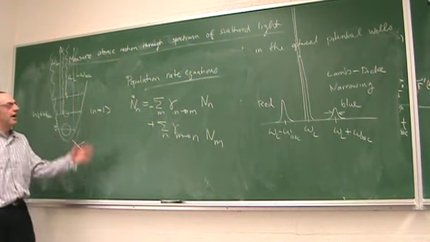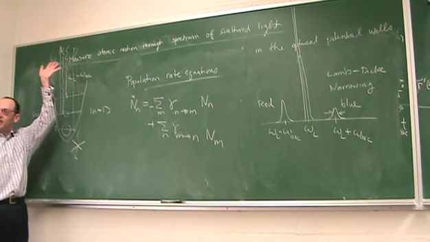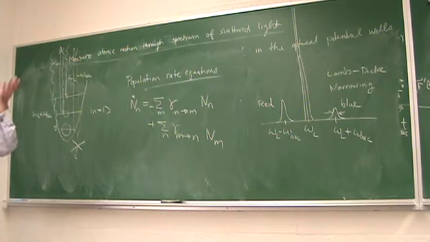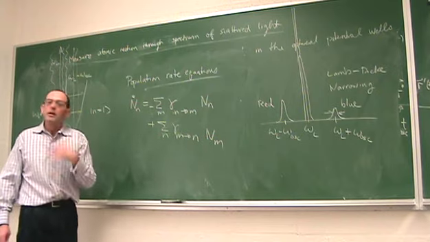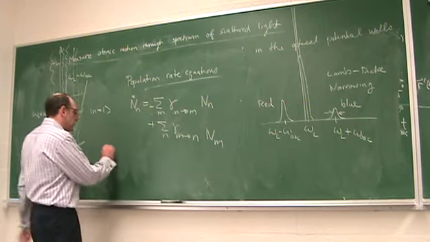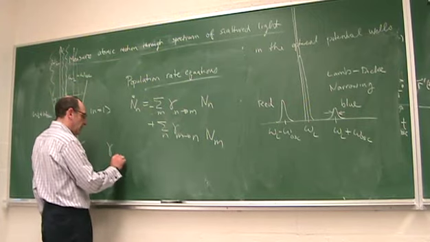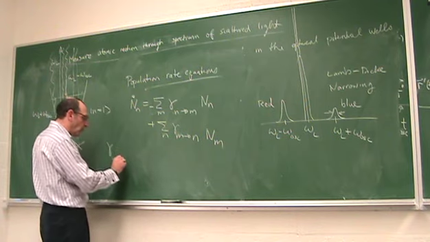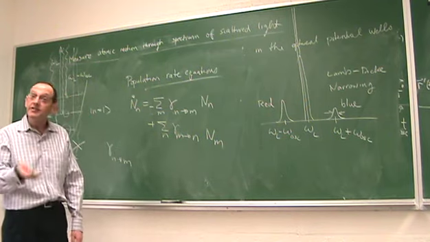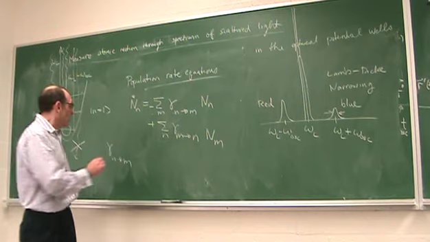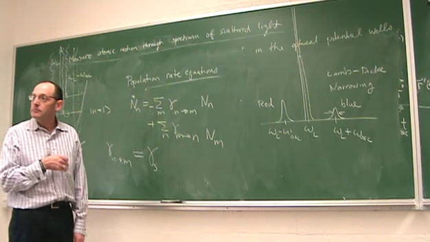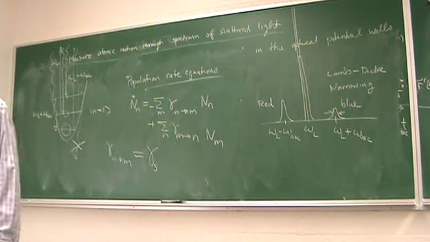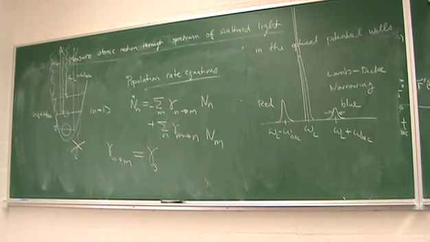Which is some balance of stuff leaving that level, going to some other level, and stuff feeding in from the other levels. Okay? We'll come back in a moment. What are these transition rates? Well, we could get these from Fermi's golden rule or from a master equation description. At the end of the day, what we have is there's the scattering rate. That would be the rate associated with absorbing and emitting a photon to the same level.